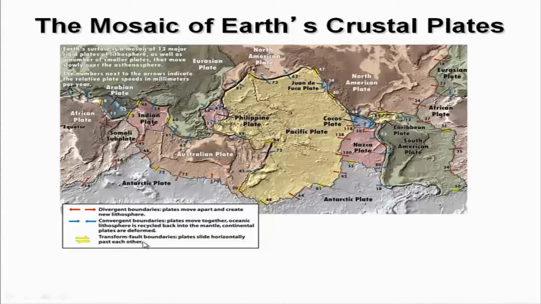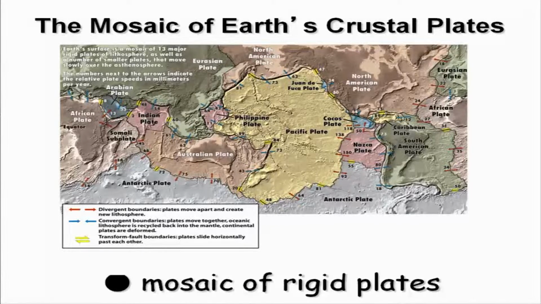Along the transform plate boundary, nothing is destroyed, but along the convergent plate boundary, the plate is destroyed, hence it is also termed a destructive plate boundary. Whereas in the transform plate boundaries, there is a horizontal slide where two plates pass each other, and at the divergent plate boundary, new lithosphere is created as the plates move away from one another and magma is poured onto the surface.